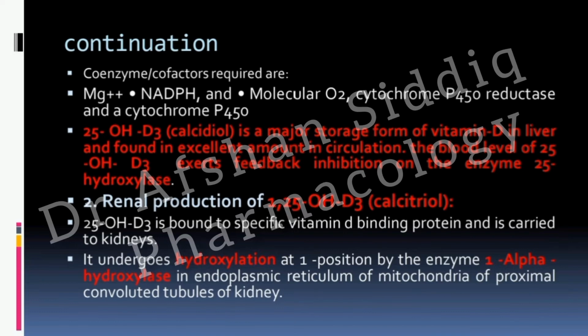Due to its amount in the circulation, it will exert a feedback inhibition on the enzyme 25-hydroxylase to minimize further conversion, or to control the excessive synthesis of vitamin D. Is this clear to all of you?